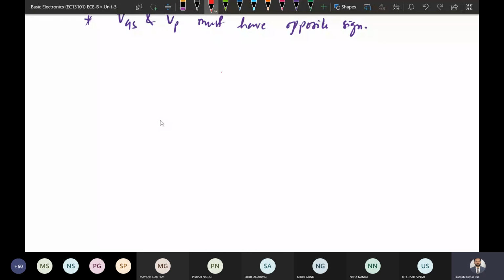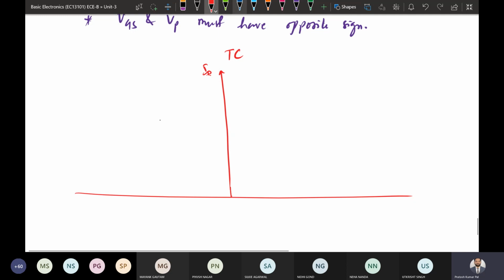So these two curves, in case of depletion and enhancement, we can combine. If it is transfer characteristics, so ID is being plotted. In case of the depletion case, we have seen it goes decreasing from the IDSS and going to 0, but in case of enhancement it will be increasing.